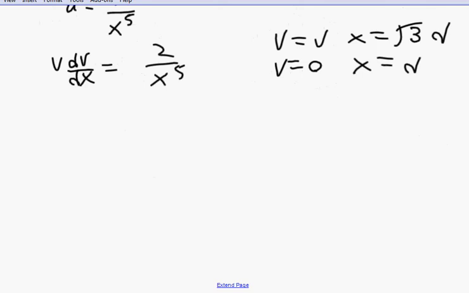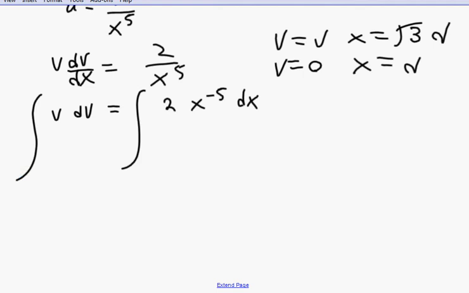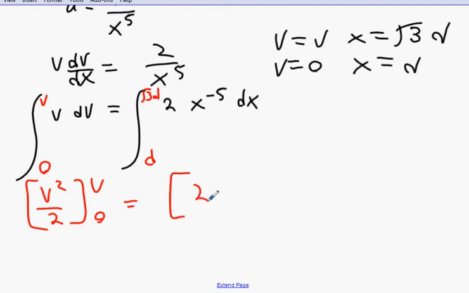Okay, v dv ends up to be 2 x to the minus 5 dx, and put in some limits here: 0 to v and d to root 3 d. Okay, integrate. v squared over 2 from v to 0 ends up to be 2 times. Now what happens when you integrate x to the minus 5? What does that turn into?